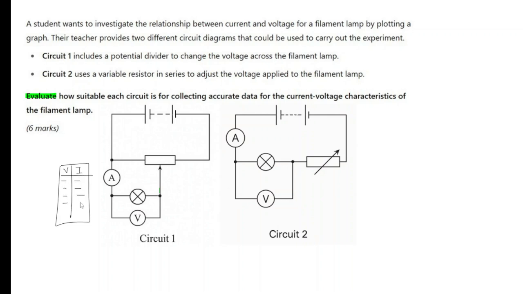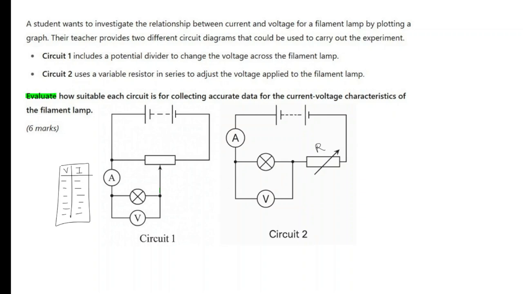In the first one, you can change the position of the sliding contact, which changes the voltage across the bulb, which changes the current in the circuit. So you can get the data. The second one, you can change the size of the variable resistor R, and you can do the same thing.